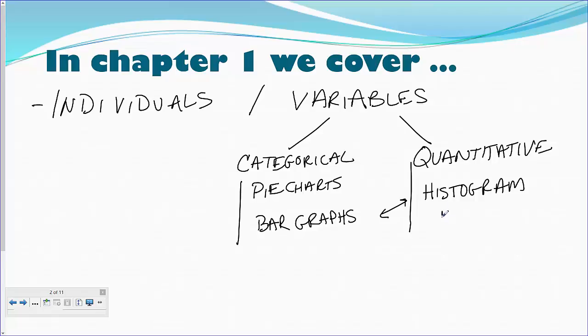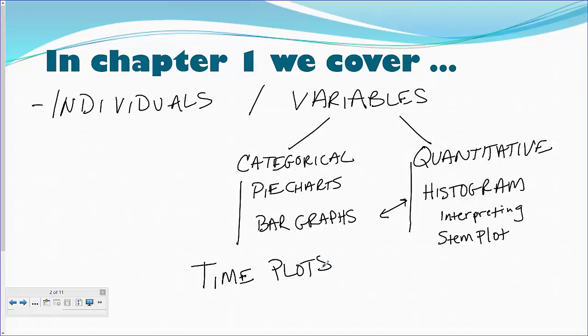We're going to work on interpreting these histograms, being able to look at the shape and what that means. We're going to work with something very similar to that, which is a stem plot. And then finally, we are going to finish up by looking at time plots of variables. So those are the few things that we're going to be taking a look at in chapter 1.